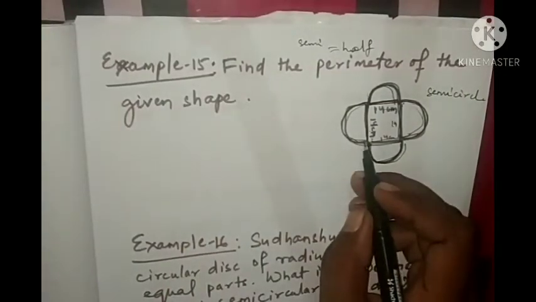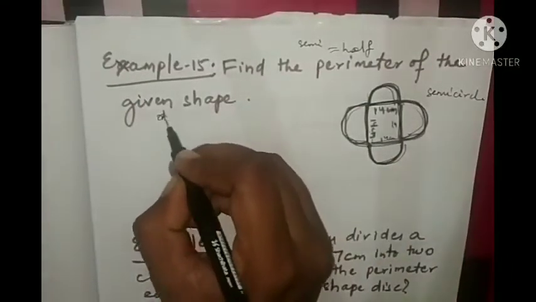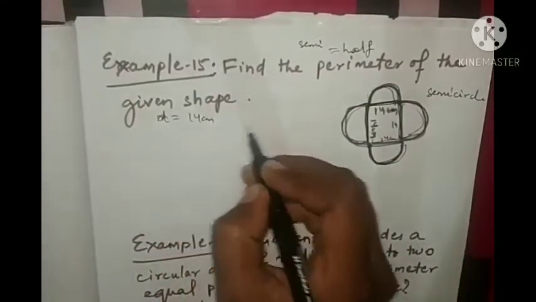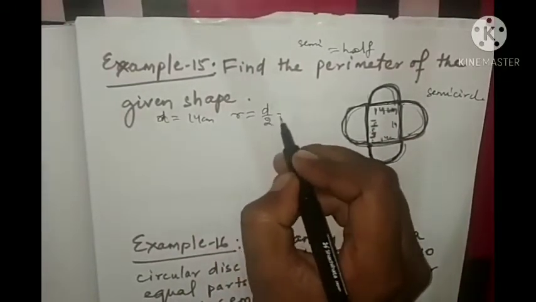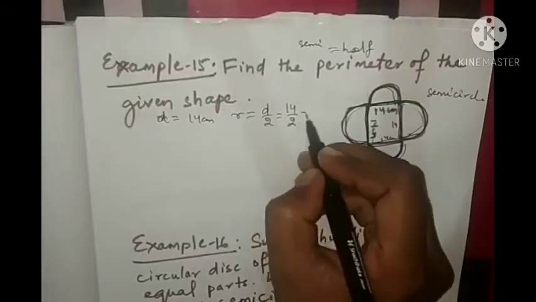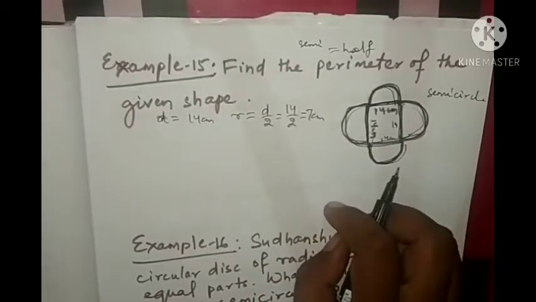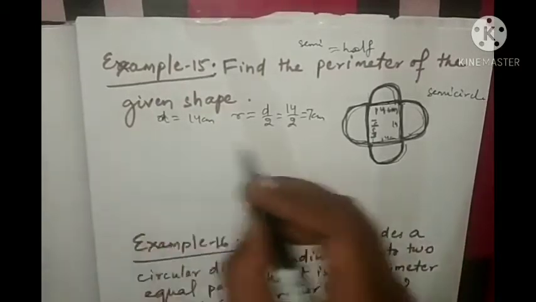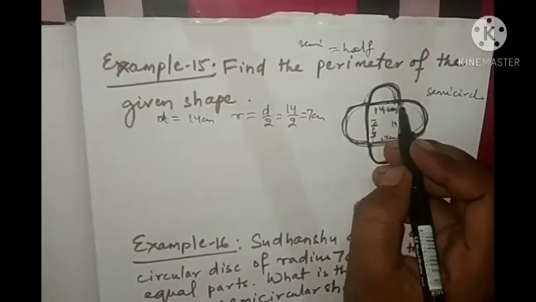Radius is how much? If d equal to 14 centimeter, then radius equal to how much? D by 2. It is 14 by 2. That is 7 centimeter. So let's find out the circumference of one circle.